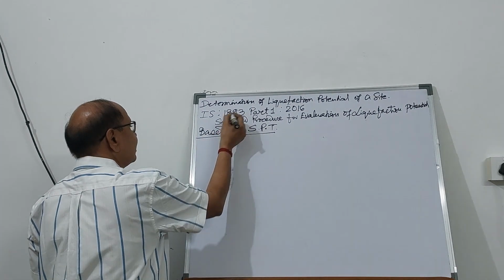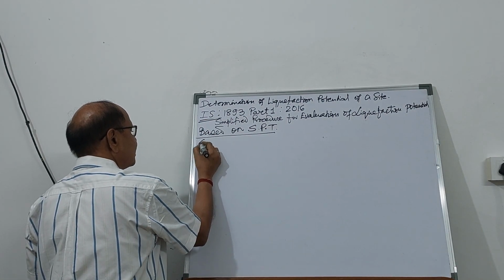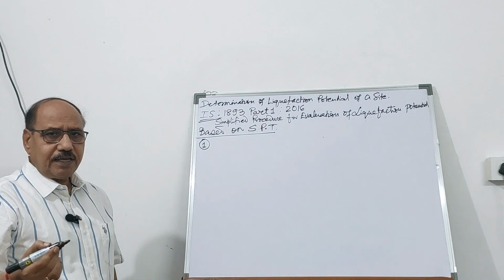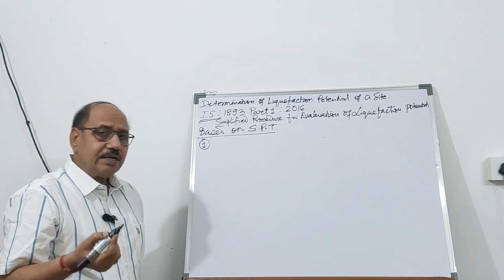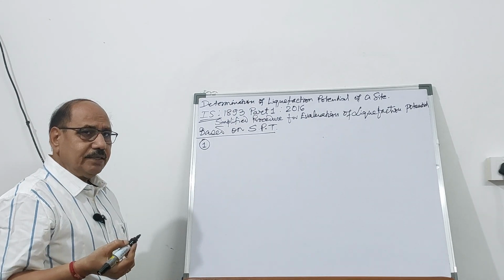So as given in this code, the first step is to perform SPT, find out the field N values and correct it for overburden.